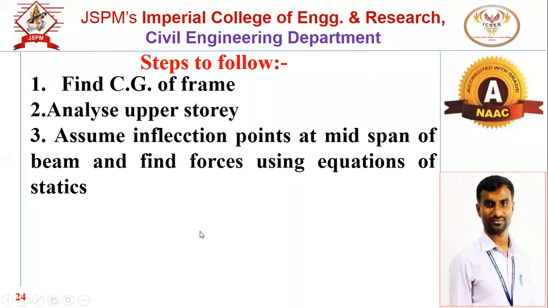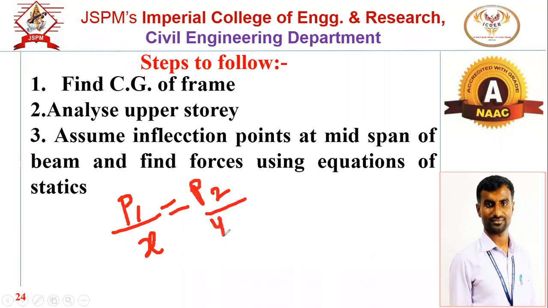Then we have to use the first two assumptions, and the first two assumptions are point of inflections are located at mid span of beam and mid height of the column. Before that, we have to use the relation, that is our third assumption, that the axial force P1 is proportional to the centroidal distance x, which is equal to axial force in column second, that is P2.